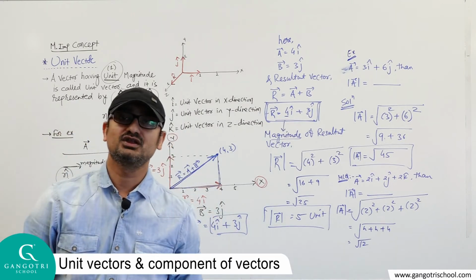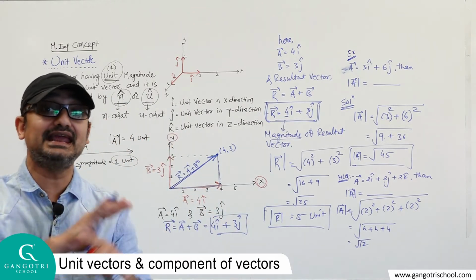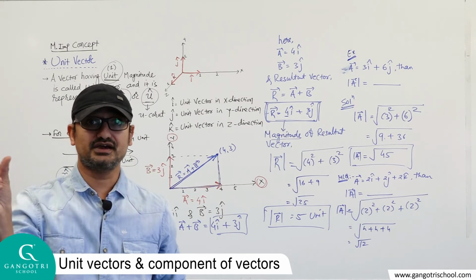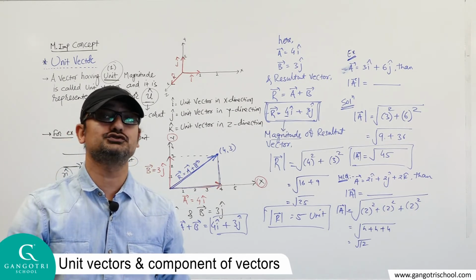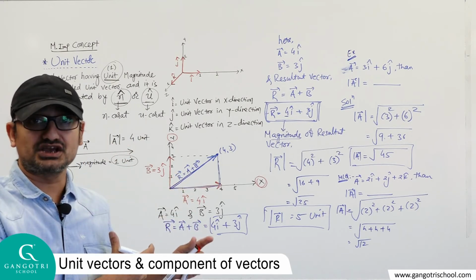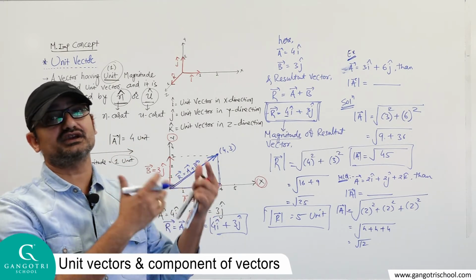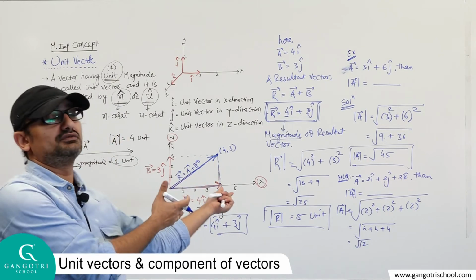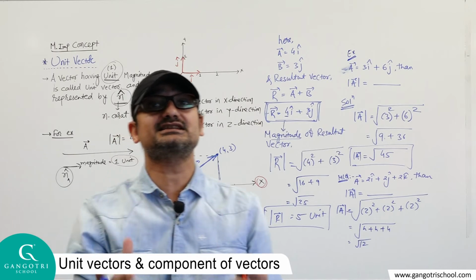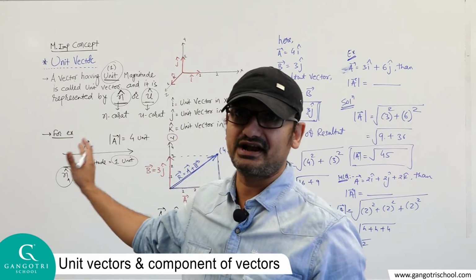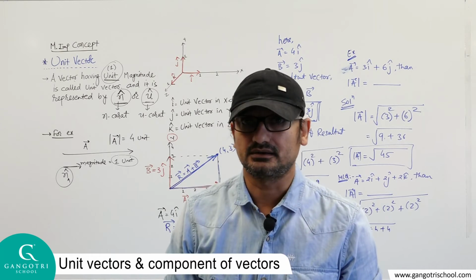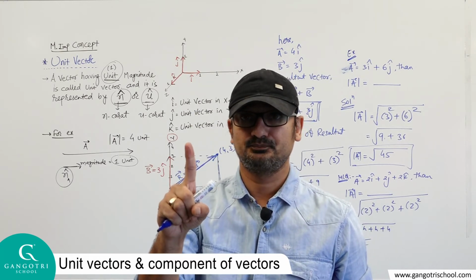So always remember how to find the magnitude of any vector. The rule is only one: the square root of the sum of the squares of the components gives you the magnitude. Don't worry students, we will understand many sums from the textbook as well as outside the textbook, so it will definitely be clear. But this topic is not well explained in the textbook. You should know at least these points. Point number 1, a unit vector means its magnitude is 1.